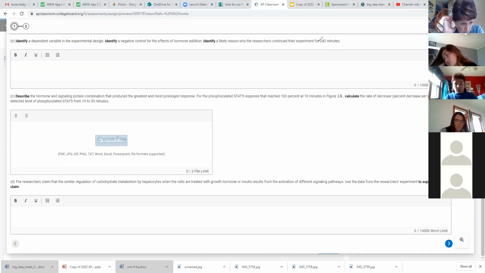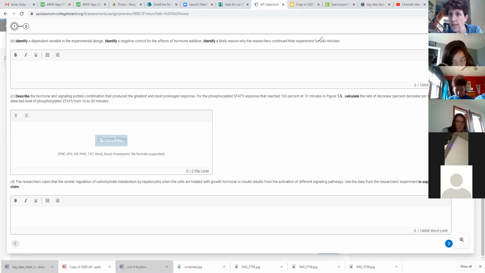All right, and then the last question: the researchers claim that the similar regulation of carbohydrate metabolism by liver cells when the cells are treated with growth hormone or insulin results from activation of different signaling pathways. Use the data from the researchers' experiment to support their claim.